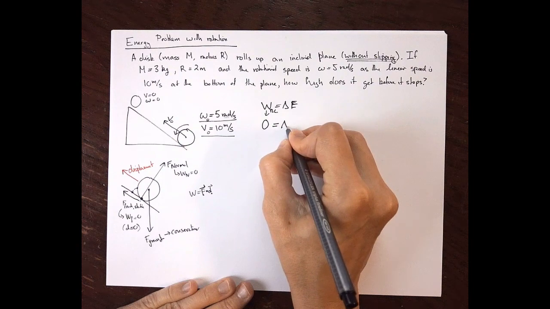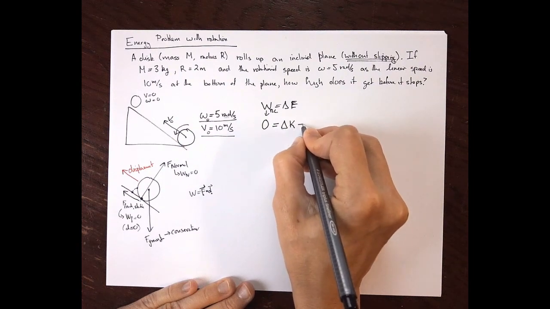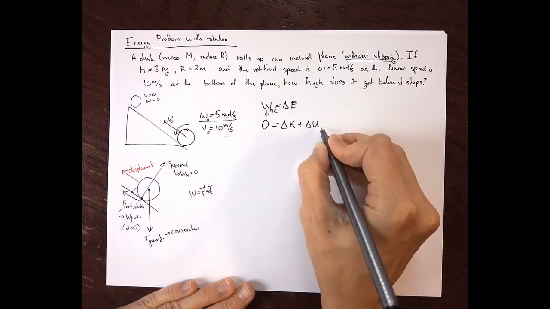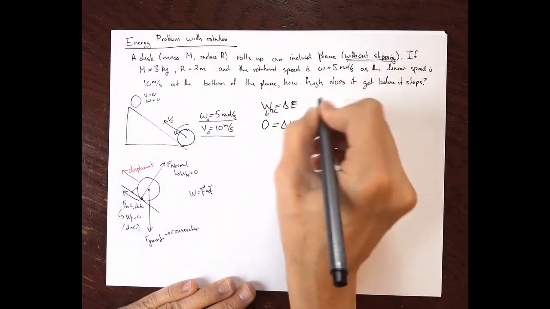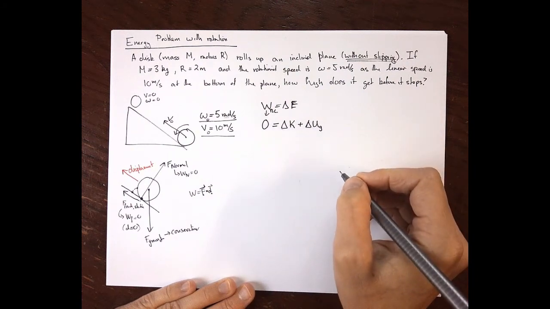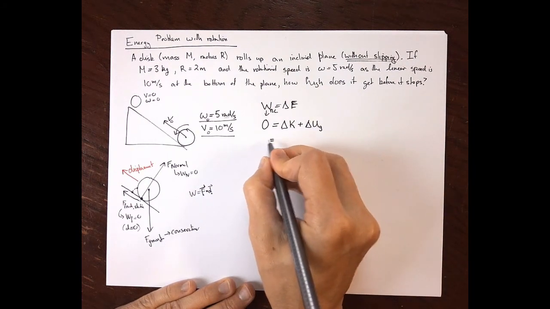So then we can look at the energies that are changing, which would be the kinetic and the gravitational potential energy. We don't hear of any explosions or sounds or anything going on there, so we don't have to worry about those other types of energy.